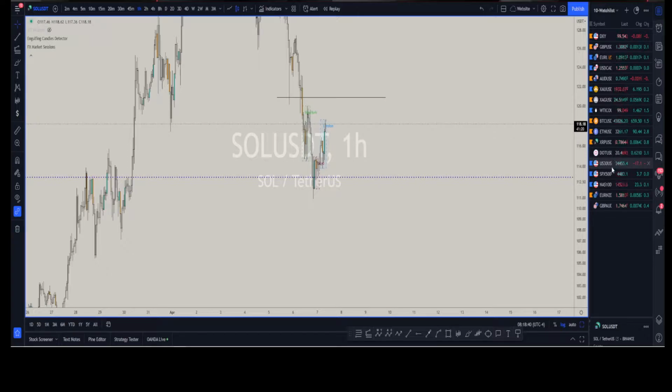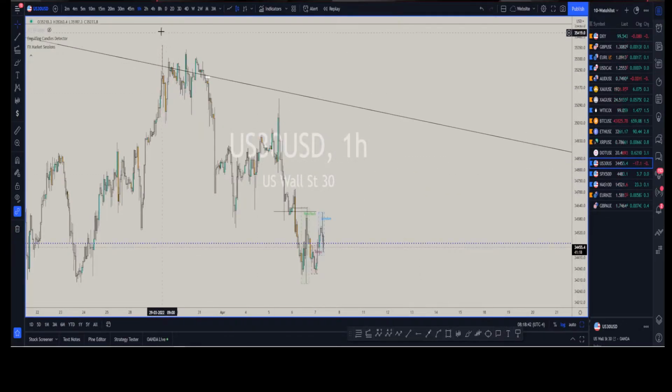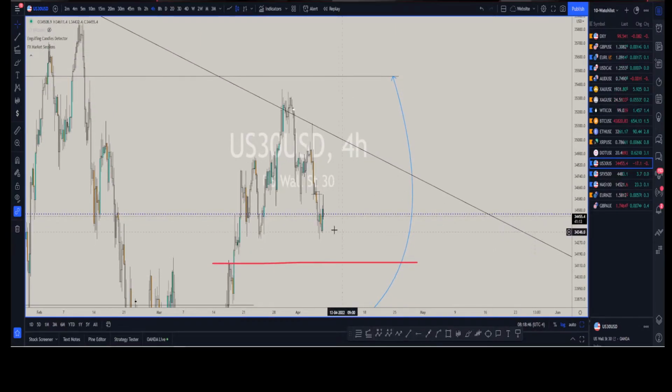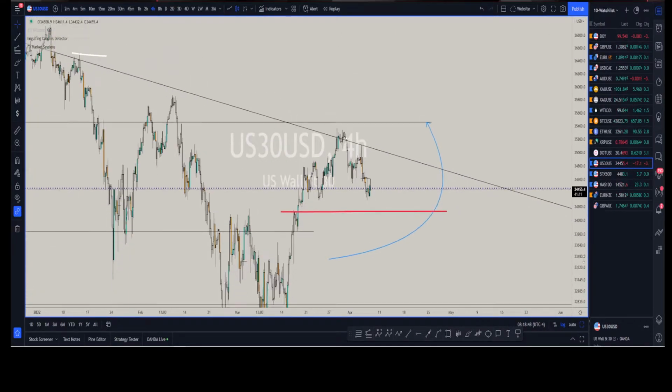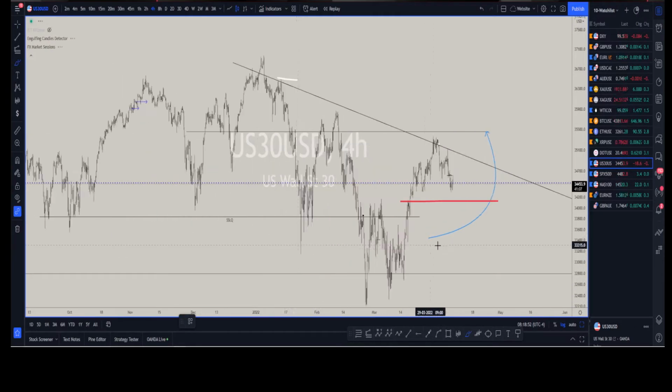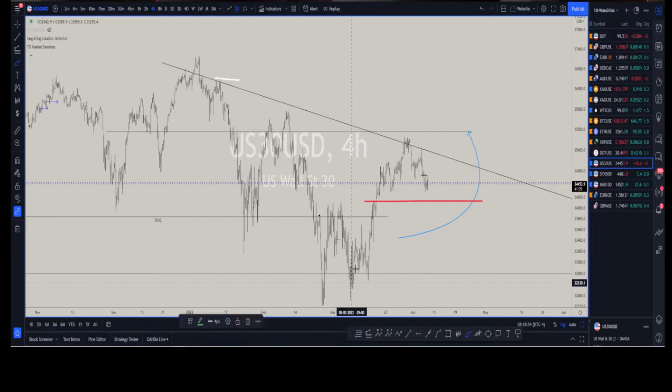I'll just give you an example of this rule. You see this one here. So you got 1, 2, 3, 4, 5. So at least towards these areas, a retracement if it needs to continue back up.